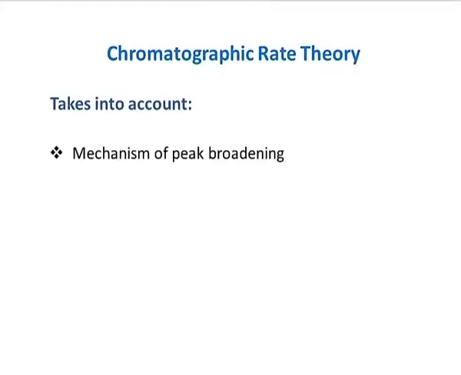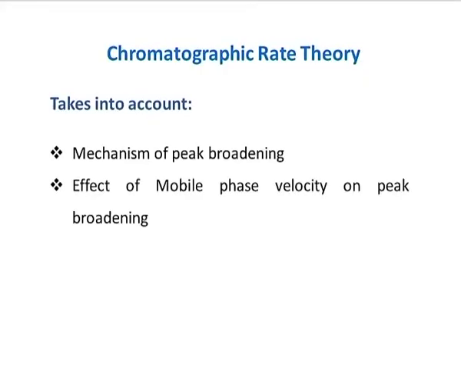Now, this chromatographic rate theory primarily focuses on mechanisms for peak broadening. This term is not new to us, right? Peak broadening has also been taken up in the plate theory. But rate theory talks about the mechanisms, taking into consideration mobile phase velocity and its effects on peak broadening. Likewise, it talks about diffusion of solute, which is longitudinal diffusion, and its impact on peak broadening.